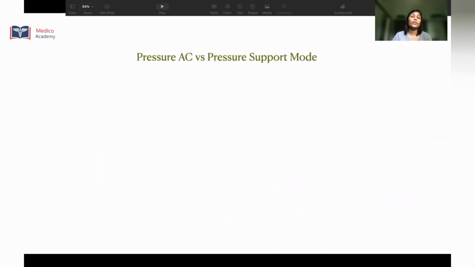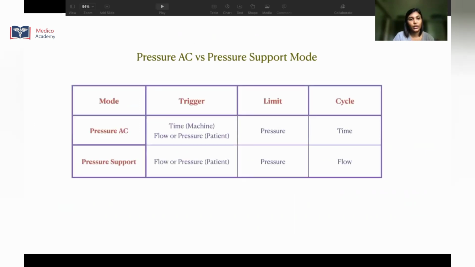What is the difference between a pressure assist control mode and a pressure support mode? In pressure assist control, it is either the machine or the patient which triggers the breath. If it is machine triggered, then it's time triggered. If it's patient triggered, flow or pressure is the trigger variable.